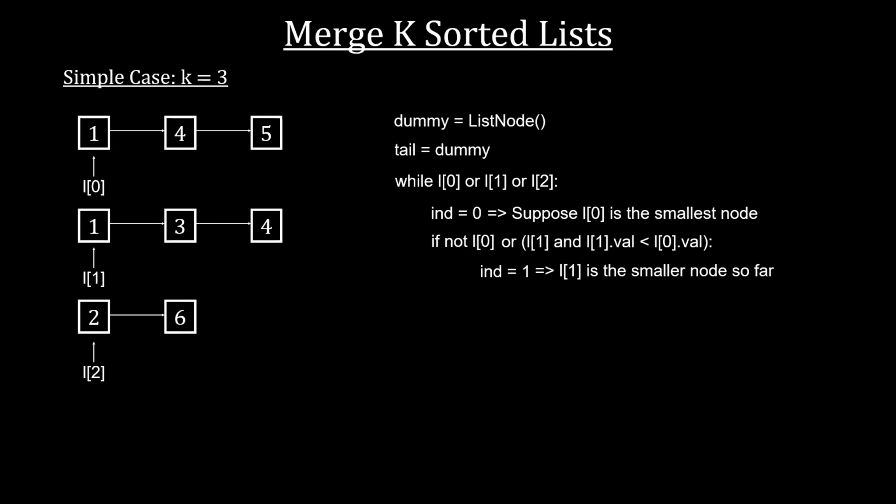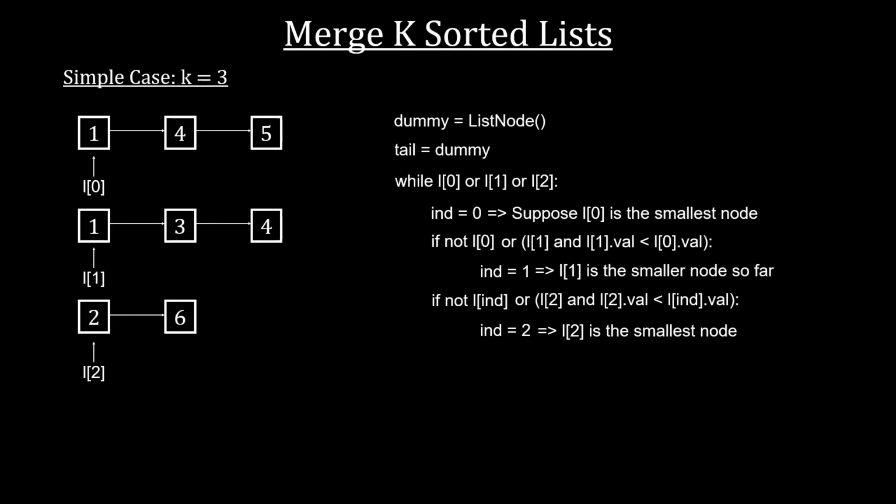If L0 is null, so this node actually doesn't exist, or, if it exists, and also L1 exists, and the value of L1 is less than the value of L0, then index becomes 1. This means that L1 is the smaller node found so far. And then we check for L2.